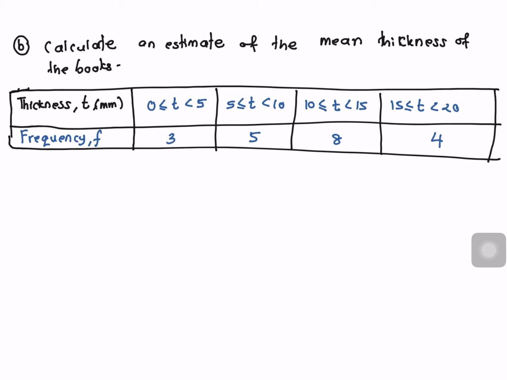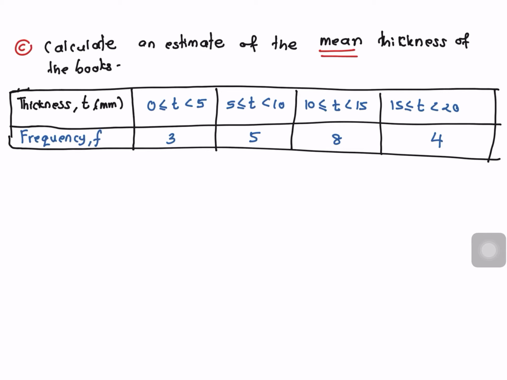Okay, for the next question, this is question C. For question C, calculate an estimate of the mean thickness of the books. For this type of question, I advise you to redraw the table, and after you redraw the table, you need to find the midpoint and midpoint times the frequency, right?